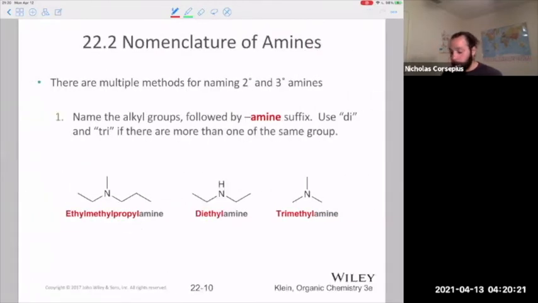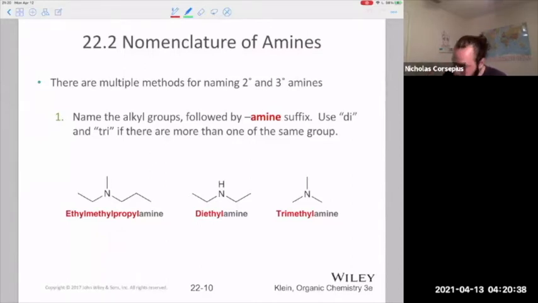Okay, we talked about primary amines, what about secondary and tertiary amines? Again, there is a common nomenclature scheme that you can use where you just start stacking them up with the yl endings.